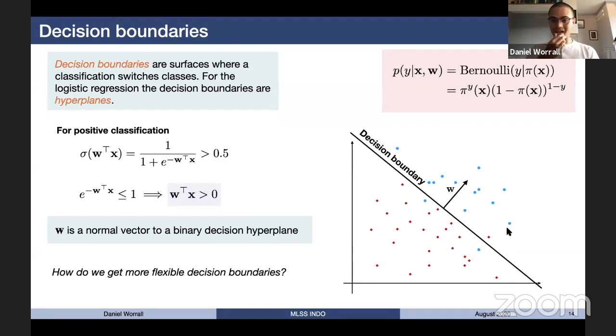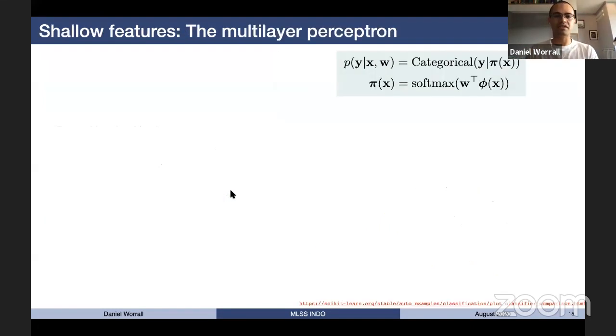And the answer is I've kind of alluded to it already. What you do is you use featurization. So you take some nonlinear function of the x's, but the question is, how do we choose how to do that?